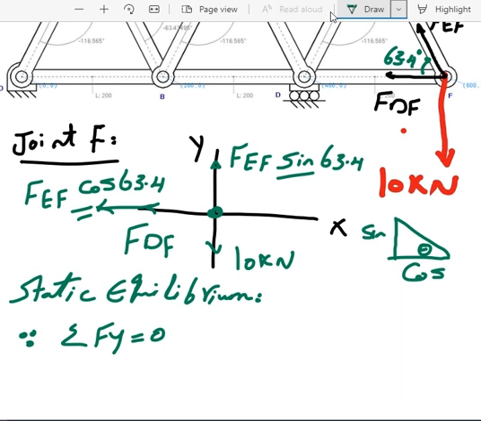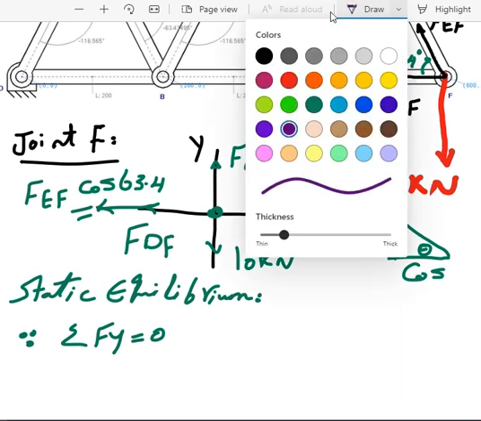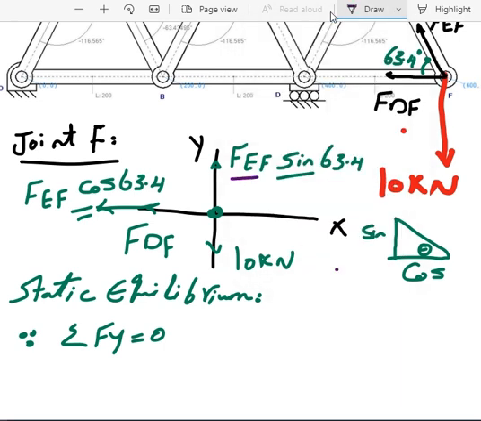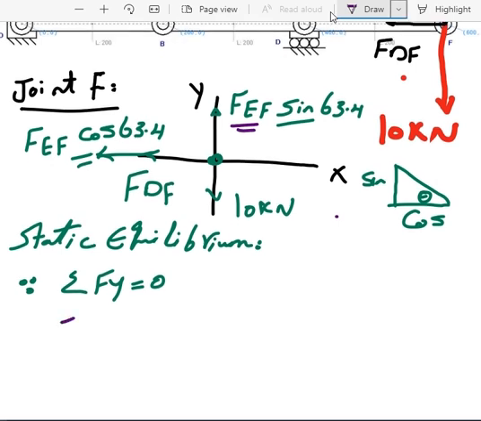So we will find force EF. Force EF equals 0.75 Newton. Okay.